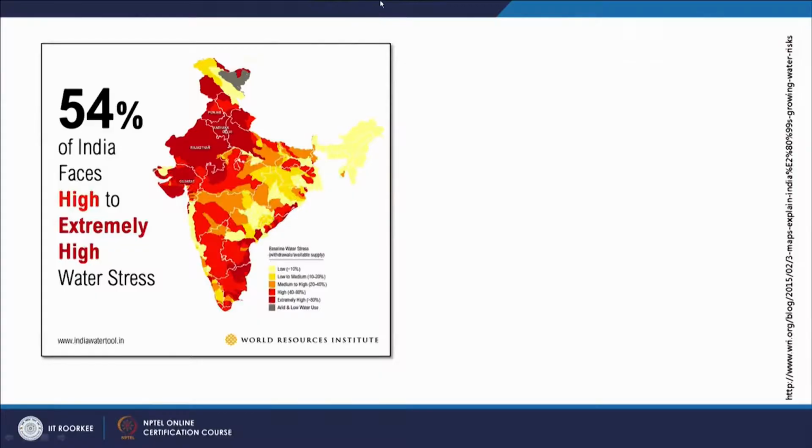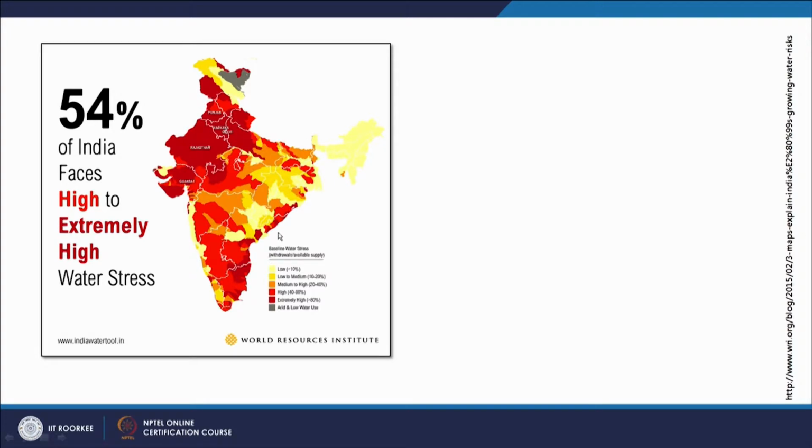If we take India in this discussion, then 54% of India faces high to extremely high water stress, especially during summer months. As you can see, the western part of India has a big problem.